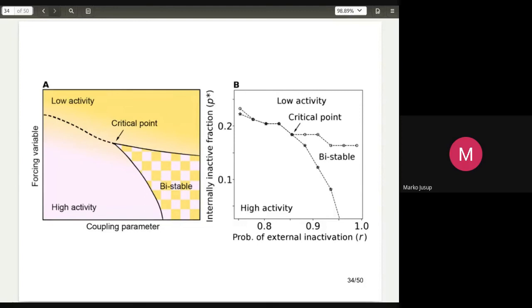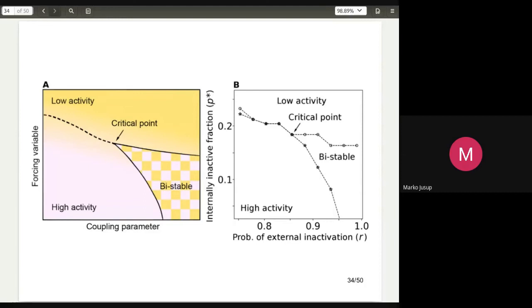And this is just a schematic representation of what we expect from this type of model based on its simple assumptions, essentially the same assumptions that I explained at the beginning. And then when we do numerical simulations, we really see that we get this sort of diagram that indeed shows a zone of high activity, a phase of low activity, and then a bistable phase.